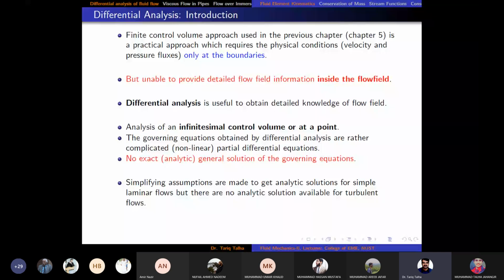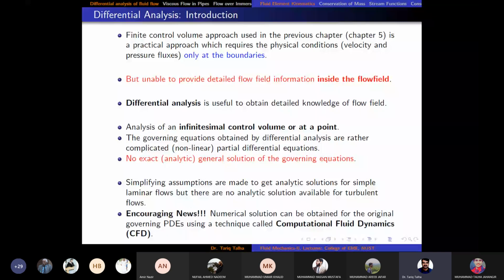So we cannot apply it there. It means that we then need to do a numerical solution, and to do the numerical solution, we use some kind of software. As I have already told you, ANSYS is a software used for CFD purposes. We call it computational fluid dynamics, or CFD, so that we can do the numerical solution.